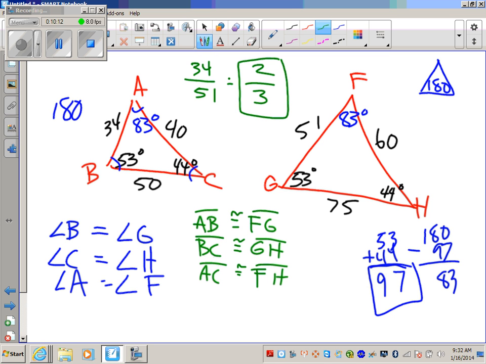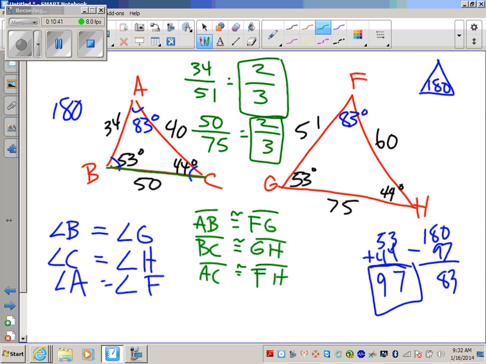So now we need to test the other sides. BC is 50. GH is 75. Are they running on the same 2 to 3 ratio if you simplify the 50 over 75? 25, right?